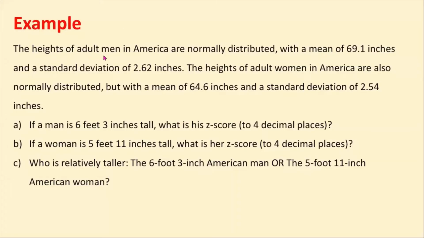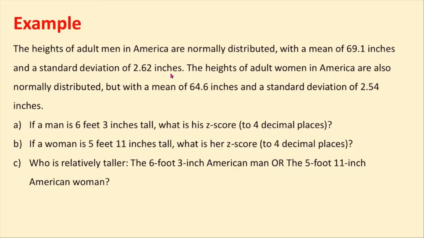Example: the height of adult men in America is normally distributed with the mean of 69.1 inches and standard deviation 2.62 inches. So that's for the men.